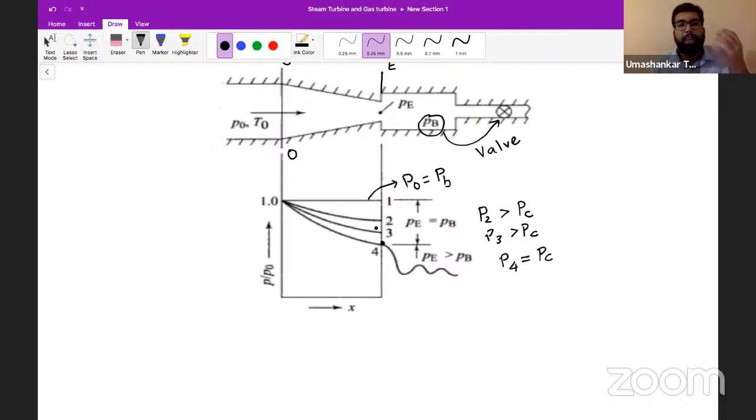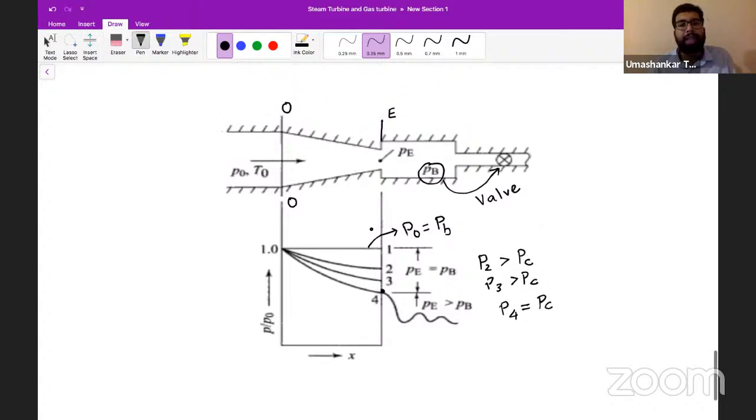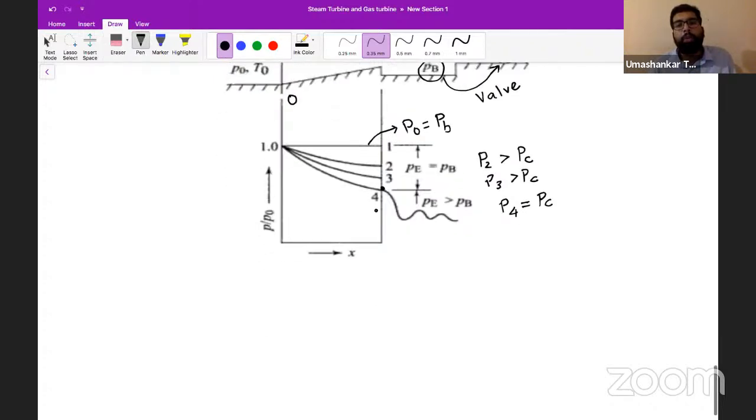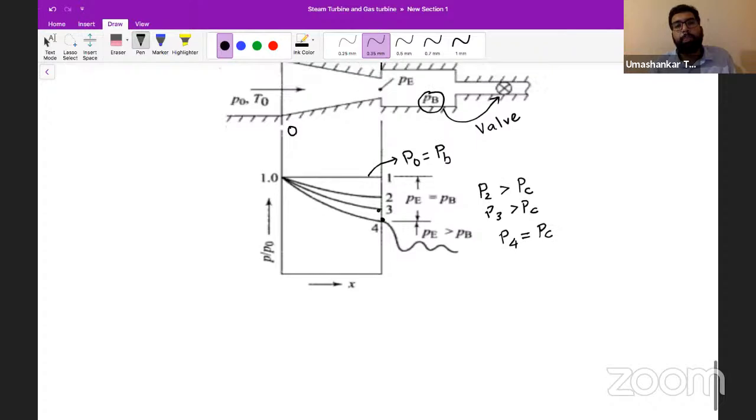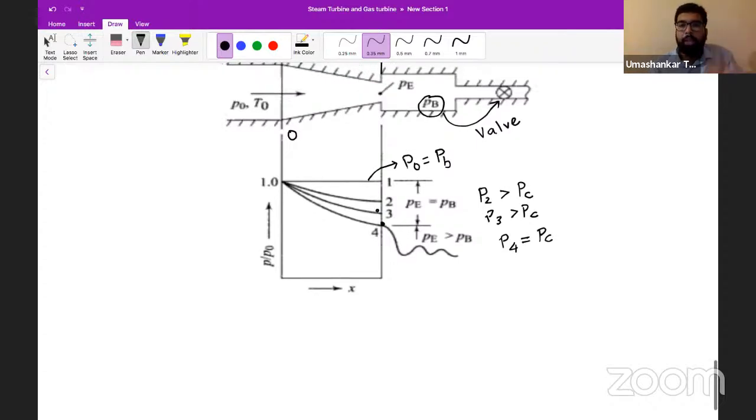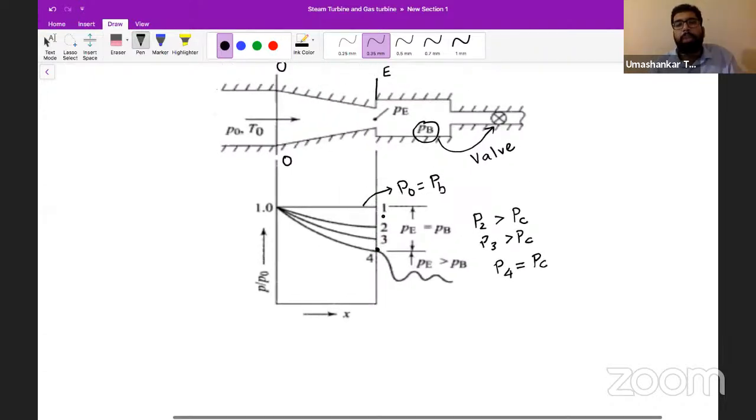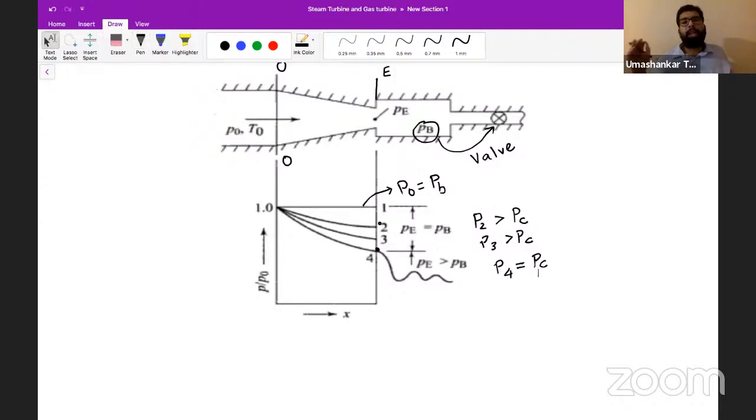As we have developed our understanding, we cannot reduce the pressure below the critical pressure in a convergent nozzle. This is being shown by this diagram 4.